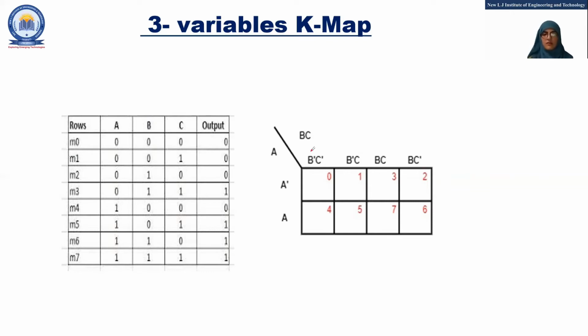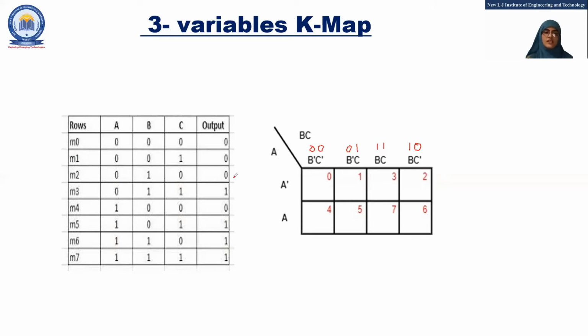So this will become our 00, this will become 01, this will become 11, and this will become 10. We write it like this because each adjacent cell must have a bit difference of 1 only, which means 00 is the same and 01 is changing. Same for 11 is the same and 01 is changing.